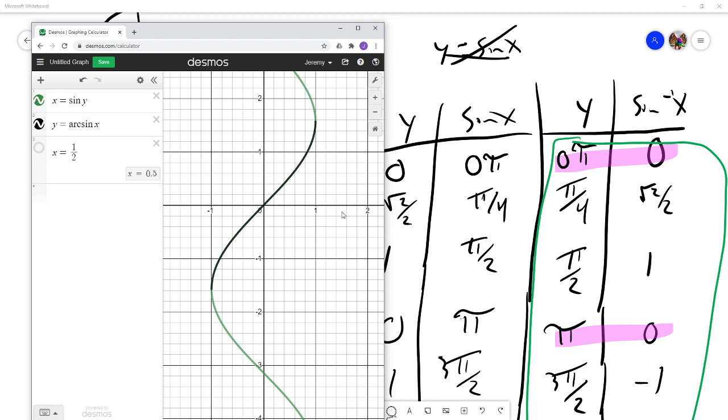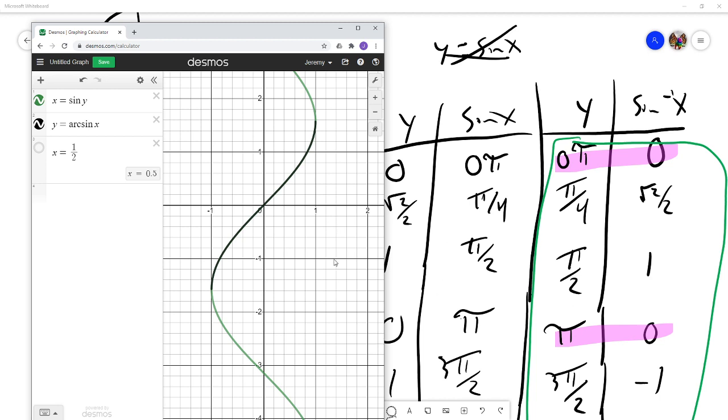Okay. So when we think about the fact that 0, pi, and 2 pi all give you 0, what we did was restrict the range in a manner so that we don't run into this problem of several zeros.